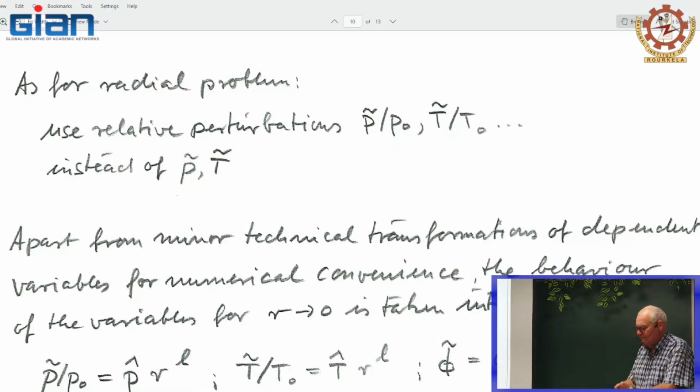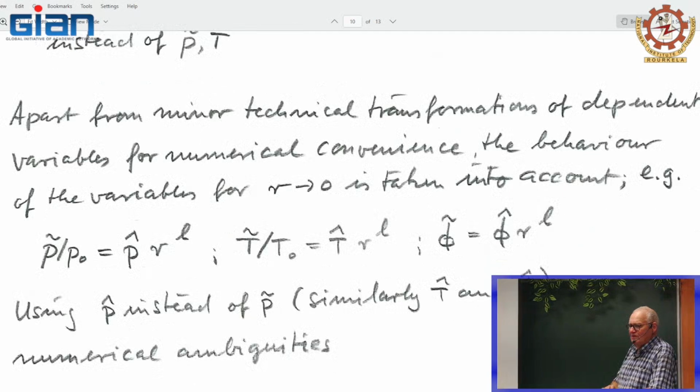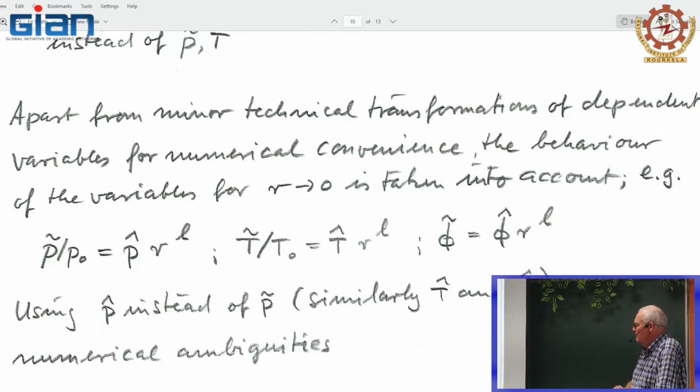Okay. Now, if we do that, and I don't want to go into the details, it's a lot of algebra and lots of transformation which needs to be done, but this does not give too much physical insight. We have already seen at the example of the radial case how this works.